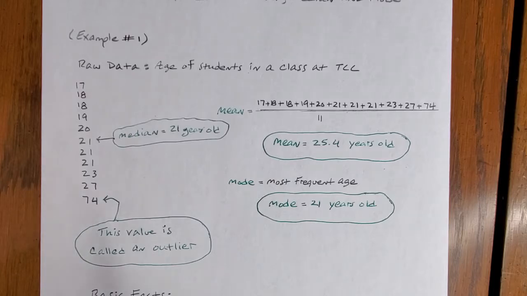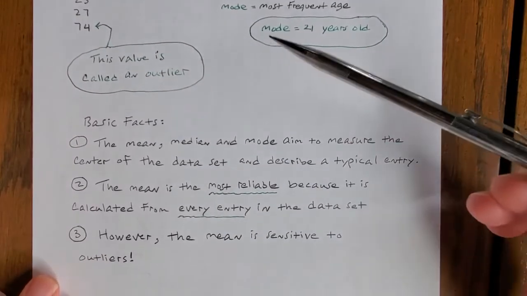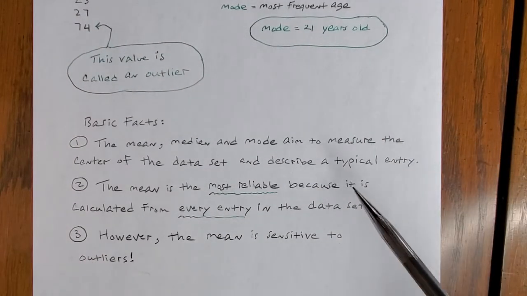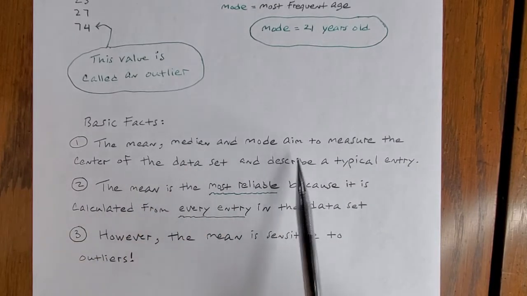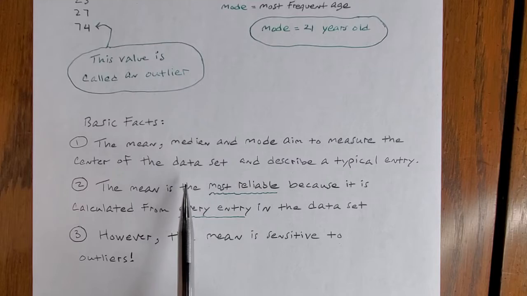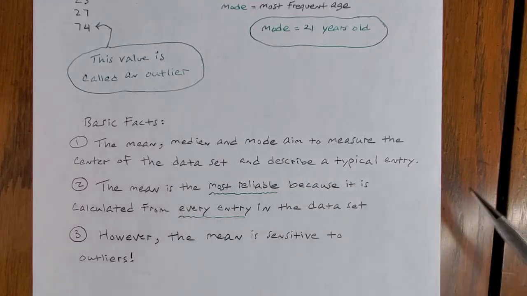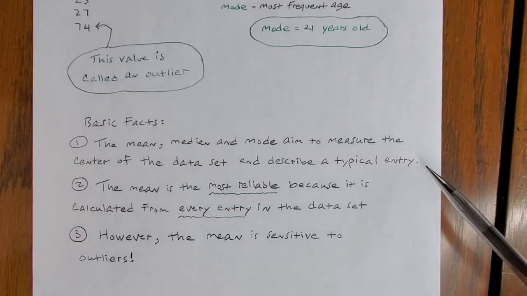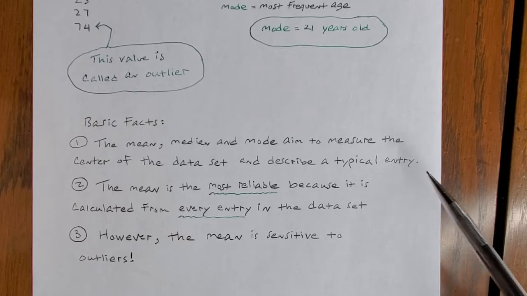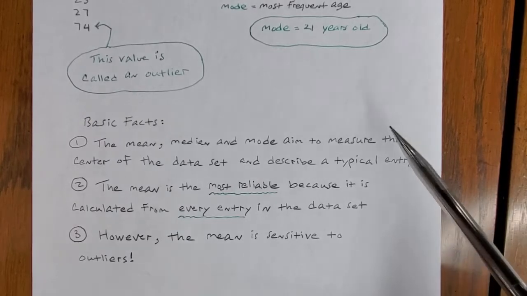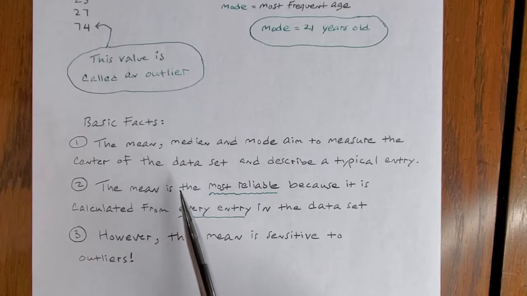Now let me talk about some basic facts about this, and then I'll say a little bit more about that data up there. Basic facts: the mean, median, and mode aim to measure the center of the data set and describe a typical entry. That's the goal. Now, they may not do that though. Statistics is not as exact of a science as you might think.